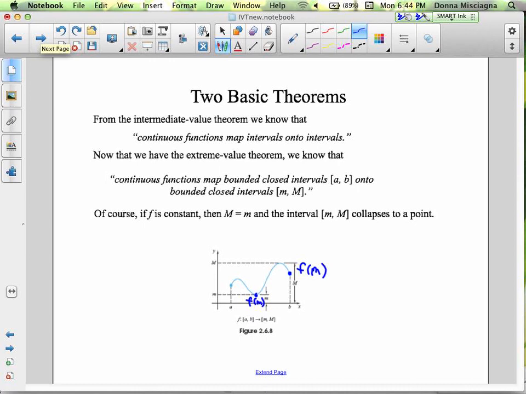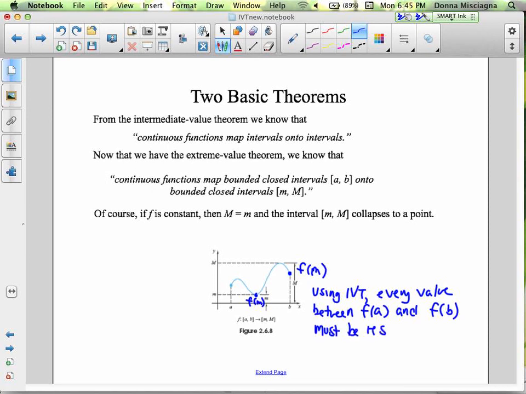And so using the intermediate value theorem, every value between f of a and f of b must be represented. Oops, that's supposed to be a p. For a closed continuous interval.